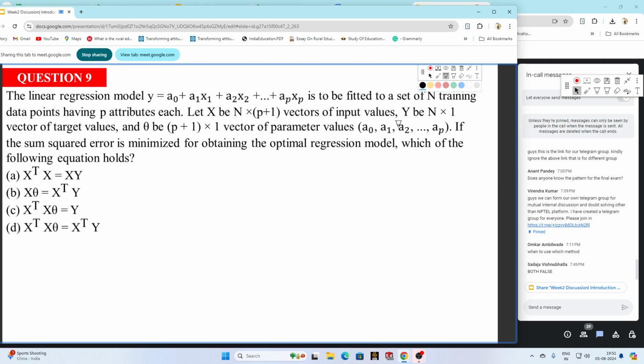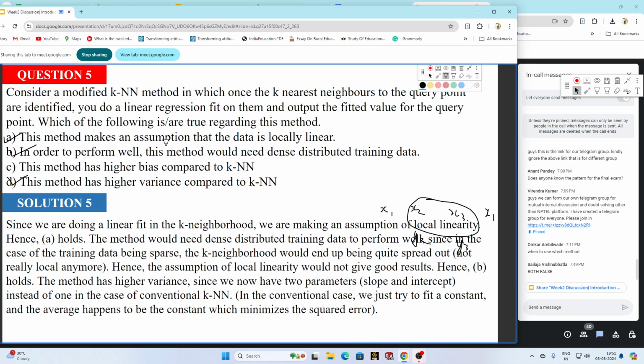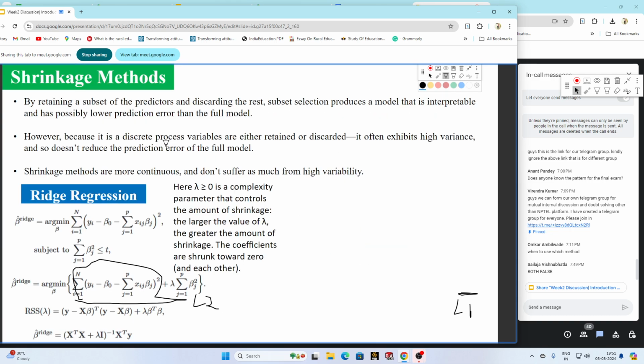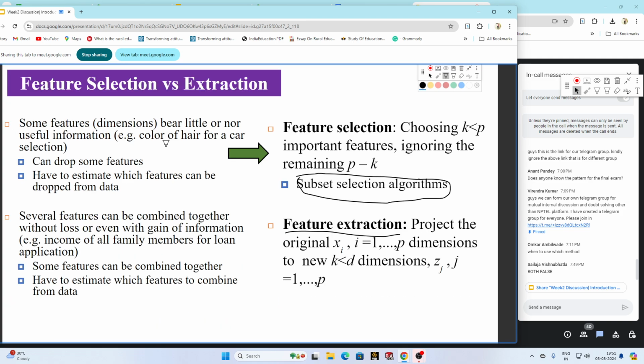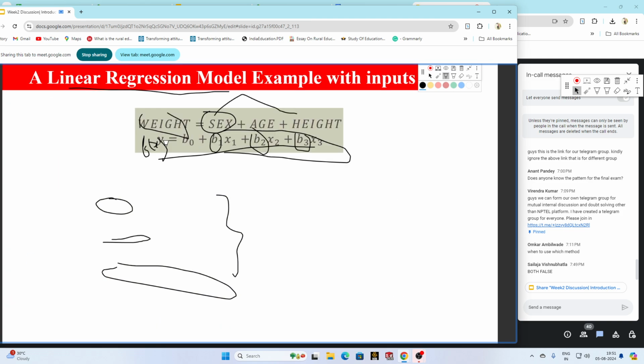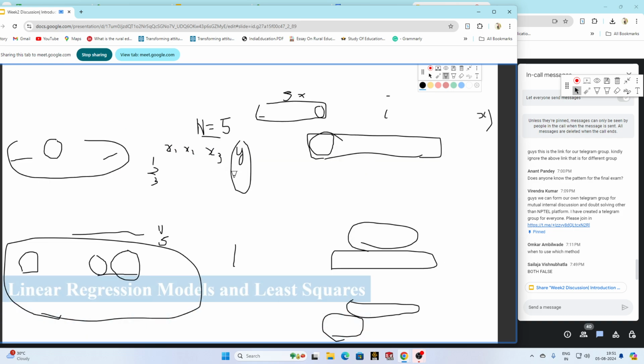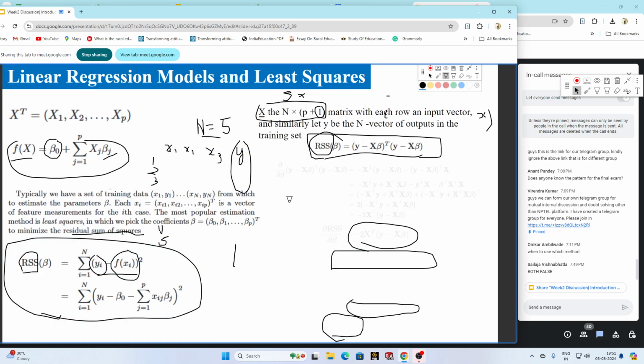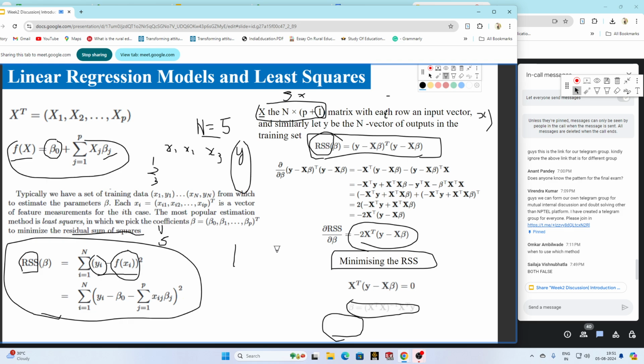If the sum squared error is minimized for obtaining the optimal regression model, which of the following holds? Same thing, the derivation is the same. They have asked the same thing again.